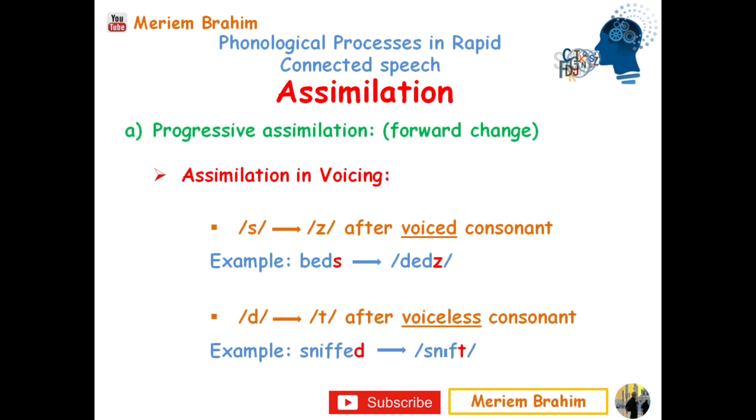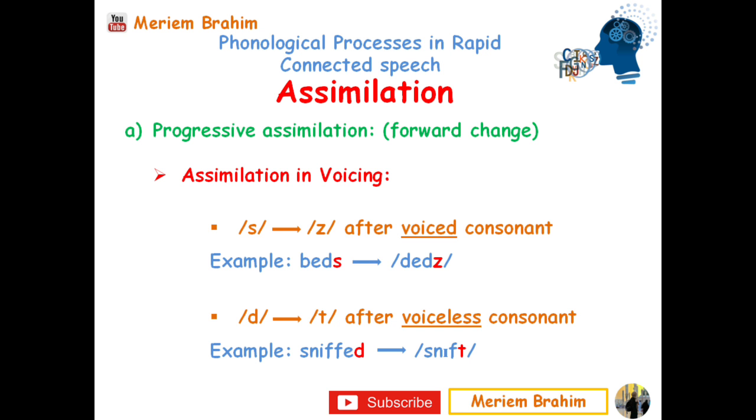The first case is when we have s becomes z after a voiced consonant. Again, s becomes z after a voiced consonant. Example, in the word beds. Beds. So when we write the s of the plural, but when we pronounce it, it is pronounced beds, z.